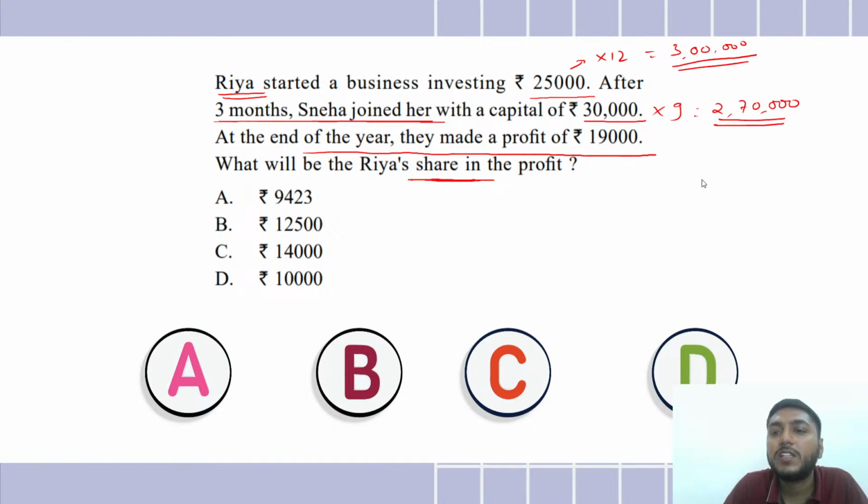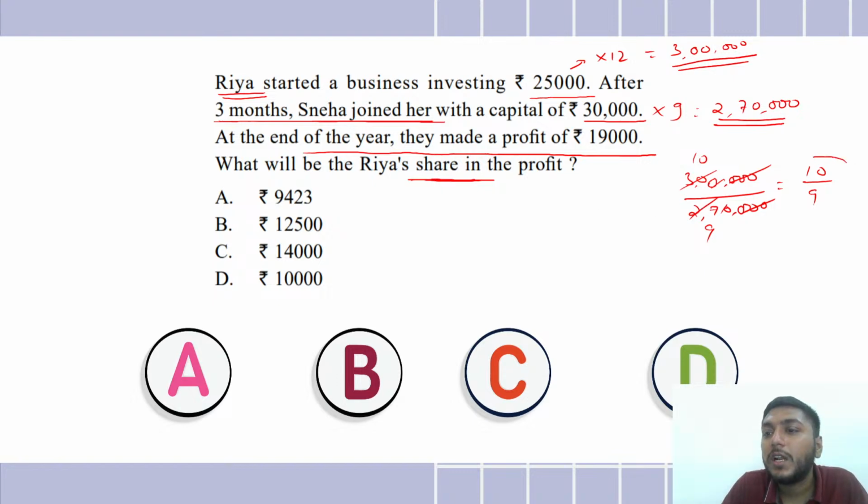So we will simply calculate the ratio as 3 lakh divided by 2 lakh 70,000, right? This would ultimately come out to be 10 by 9, right?